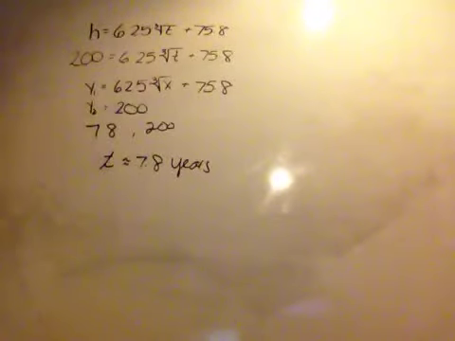Okay, so just like any other transformations, we're going to have transformations on the square root and cube root functions. So to graph y equals a times the square root of x minus h plus k, or y equals a times the cube root of x minus h plus k.